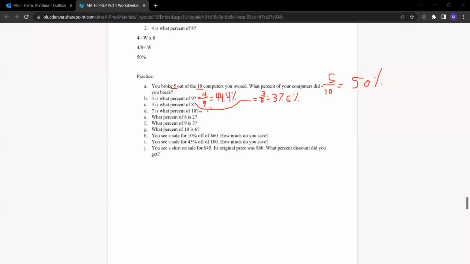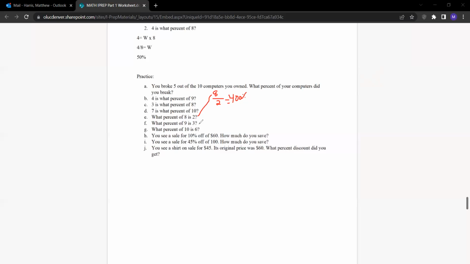All right, 7 is what percent of 10? 7 over 10 equal to 70%. Erase all this so we have some more room. So 8 is what percent of 2? So we do 8 times 100 divided by 2. 400%.